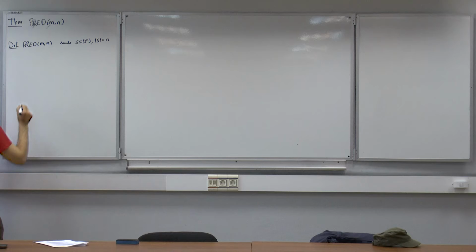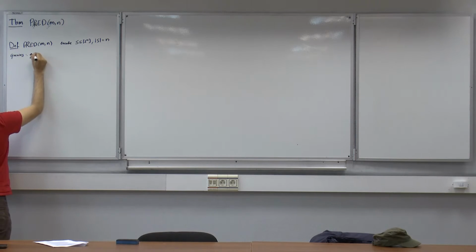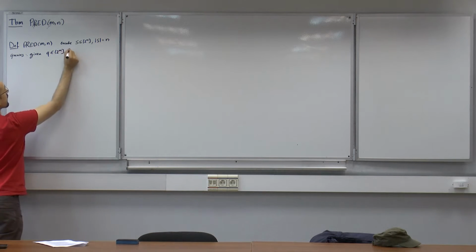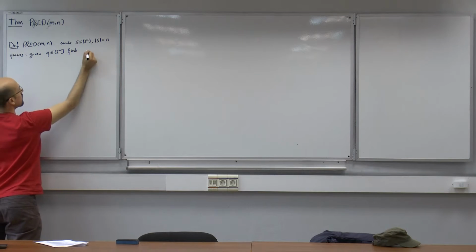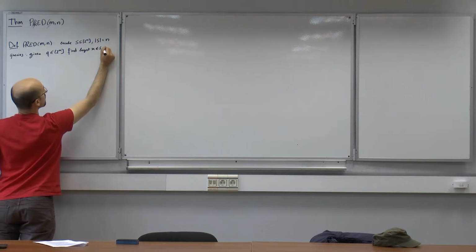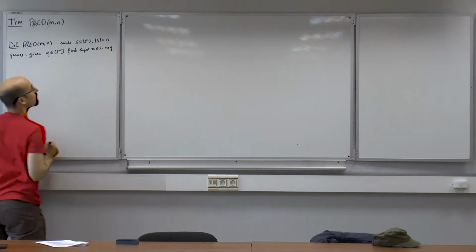Okay, and then the queries. So a query is an m-bit number, and I want to find the largest element of S which is still smaller than Q.